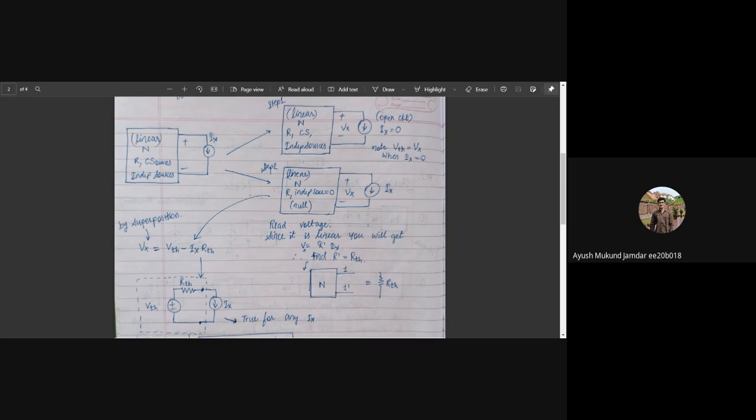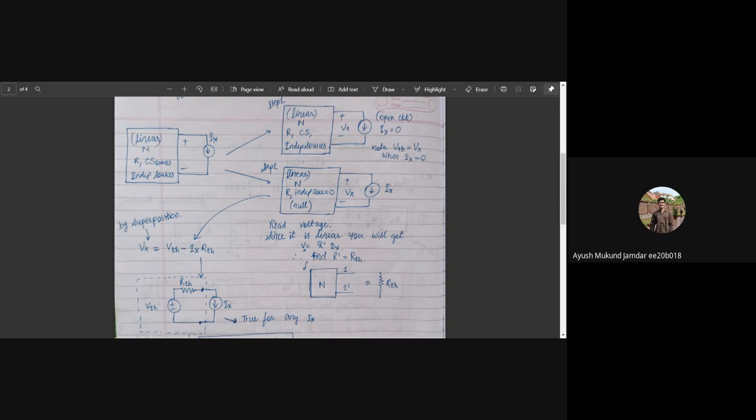In short, what we need for problem solving is just VTH and RTH. For VTH, just open circuit the terminal, measure the potential difference across it, and call it VTH. Then null all the independent sources, measure the resistance across the terminals, call it RTH, and you're ready to go.